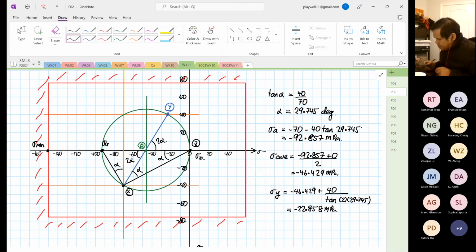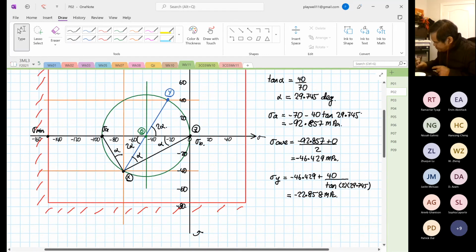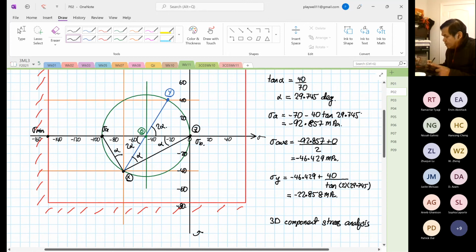Okay. Now, what you see down here, I'd like to highlight two features. Over here, we know that it is a 3D component stress analysis, right? But how many circles do we see? We only see one circle. And it's not wrong.